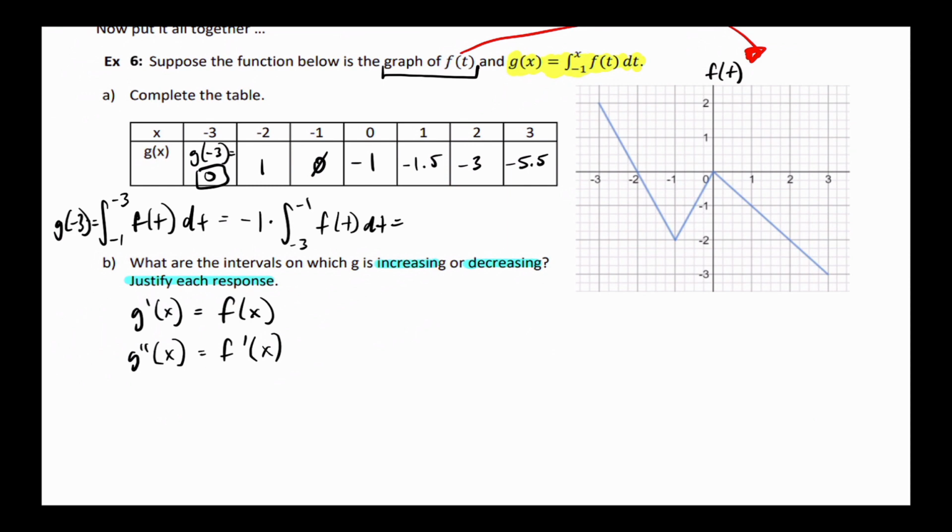So we said when g prime is positive, that's when it's increasing. When g prime is negative, that's when it's decreasing. How do I know when g prime is going to be positive? How do I know when this is going to be positive right here? These two guys right there.